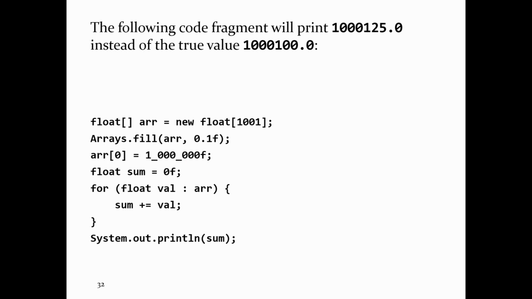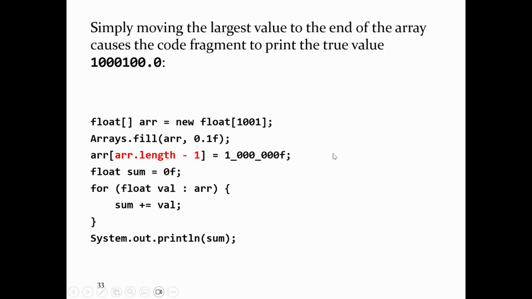Now, if I put that 1 million at the end of the array instead, so in other words, if I just change that one line and write the million at the other end, that actually prints out 1,100,000. So the sum is computed as accurately as you can in this particular case. Why does this happen? Because now you sum 0.1 and 0.1.